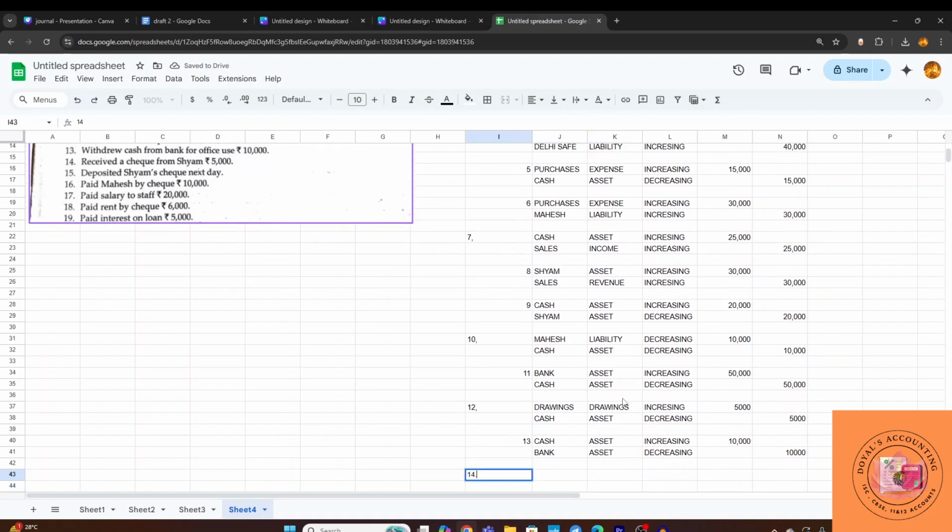Number 14. We have received a check from Sham rupees 5,000. Okay, now Sham is again our creditor. And checks will be deposited in the bank, so it will be added to our bank account. So we will write bank and Sham. Asset.